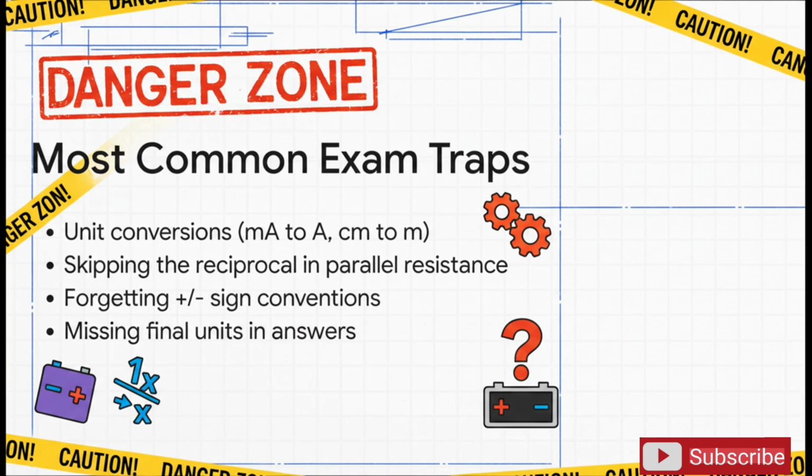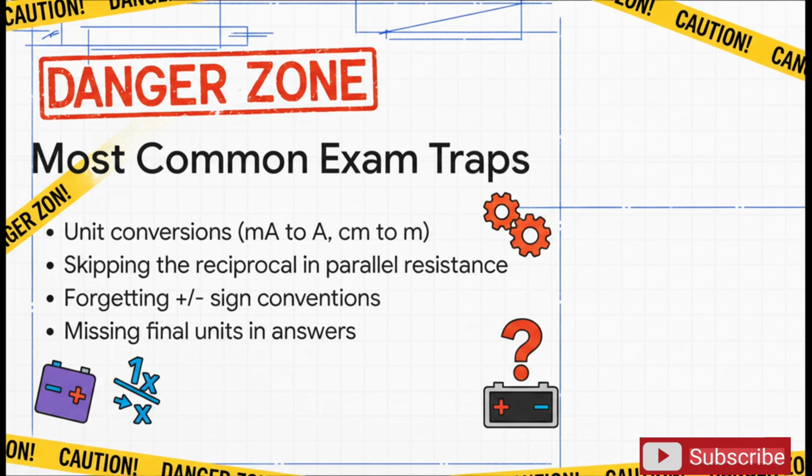Okay, let's dive into this. Here are the absolute biggest traps that examiners use to catch you off guard. First up, unit conversions. They love to give you current in milliamps, and if you plug that directly into your formula without converting it to amperes first, your entire calculation is doomed right from step 1. Second, the parallel resistance trap. You do all the hard math, calculating 1 over R1 plus 1 over R2, you get a fraction, and you stop.